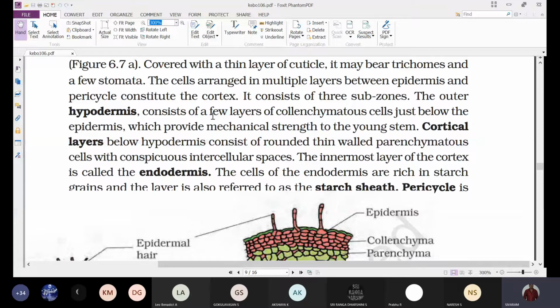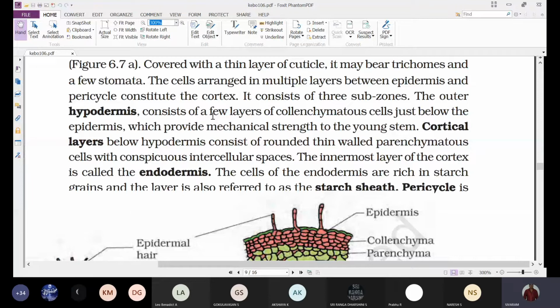which consists of a few layers of collenchymatous cells just below the epidermis. That is, the layer present inner to the epidermis, or we can also say the outermost layer of the cortex, we call the hypodermis.